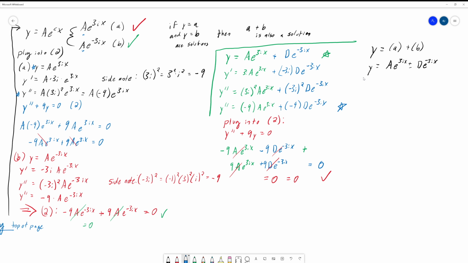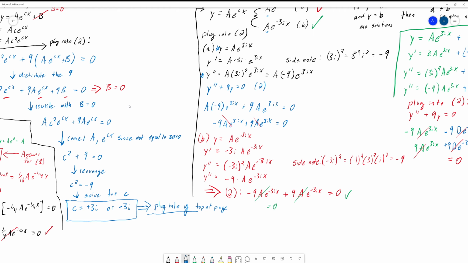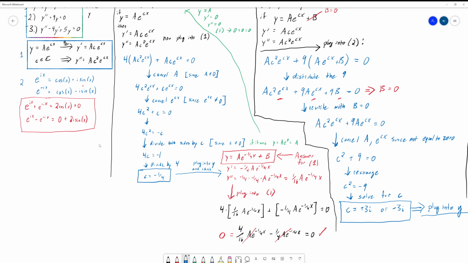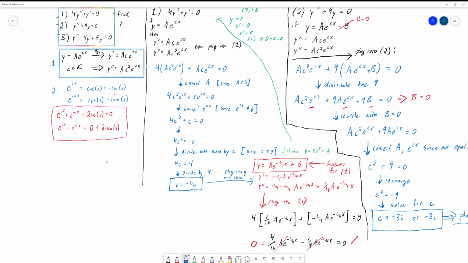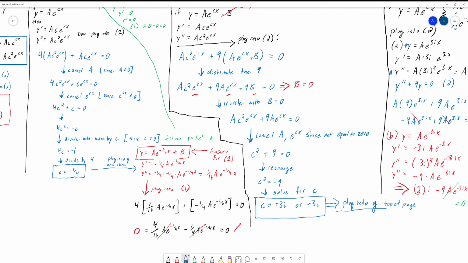And the last thing is, if we go way back over here, we have the relation between cosine and sine. So here, we have a relation between exponentials and cosine and sine. So I'm going to bring this knowledge over here.